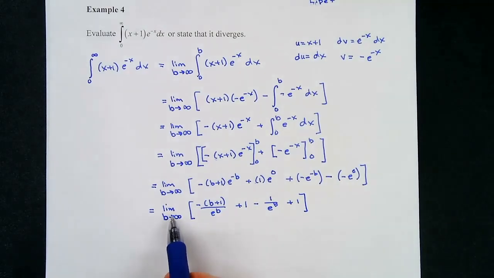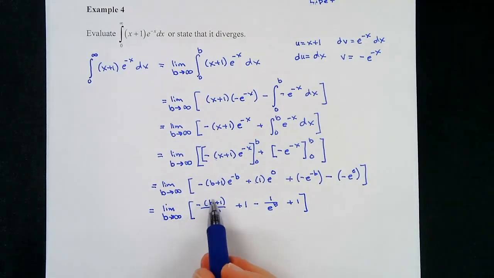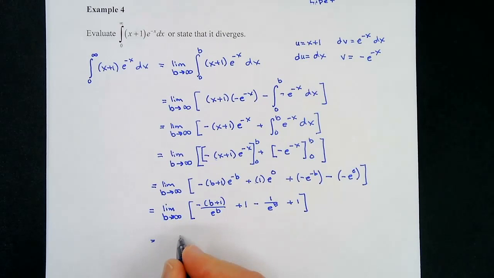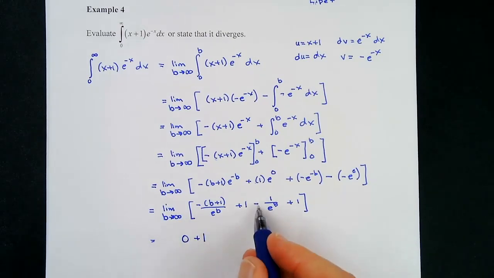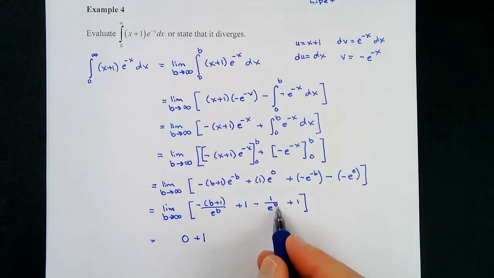So as b goes to infinity, the denominator is going to be growing, but it's not going to be growing that much. e to the b is going to be growing way, way more, right? It's faster because it's an exponential. So this is going to get really, really big compared to this one. And so this whole thing is going to go to 0. So this is going to wind up being 0 plus 1 minus, and this is also going to become a really, really big denominator, which causes 1 over a really big number to be close to 0.